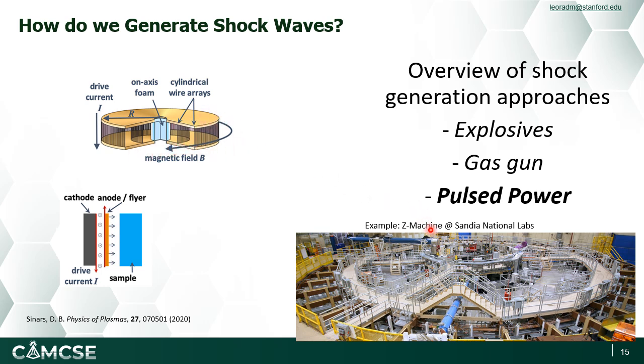One example of this is the Z machine at Sandia, which is a very, very massive machine that effectively uses a massive magnetic field to drive a current that allows a flyer plate held on to this anode material to become loosened and freed very, very quickly, launched off because it explosively flies off and therefore hits the sample, allowing us to generate our shock wave that we can study in the sample material based on the probes that are following it.